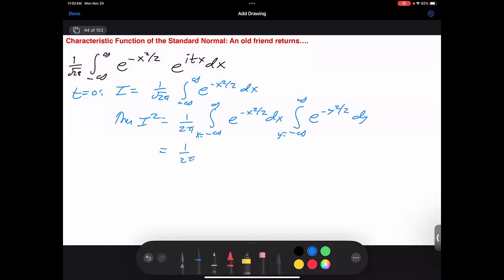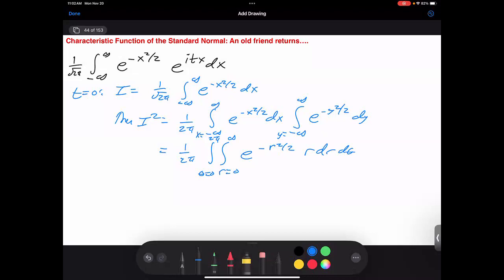This is 1 over 2 pi. And now, instead of integrating over the xy plane, I have e to the negative x squared plus y squared over 2. Oh, that's just e to the negative r squared over 2 r dr d theta. R goes from 0 to infinity. Theta goes from 0 to 2 pi.